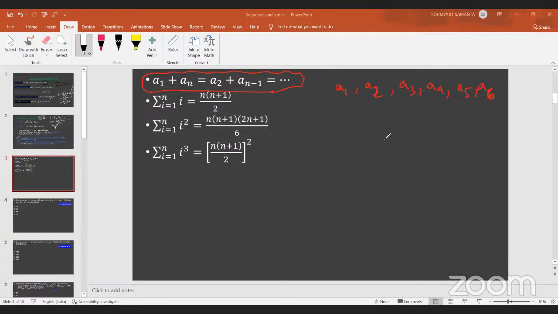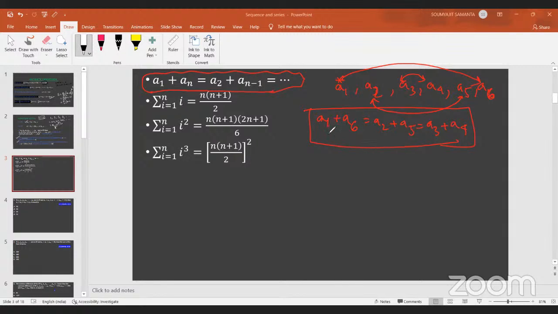If these are the terms of an AP, the first term and the last term, that is A1 plus A6, equal to the second term and the second last term sum, A2 plus A5, equal to A3 plus A4. This will always hold good. This will always be true for an AP.